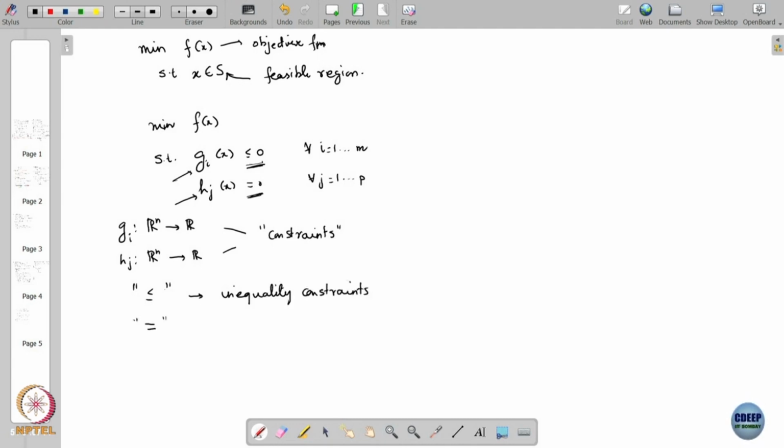And the ones that are to be satisfied with equality are called equality constraints.